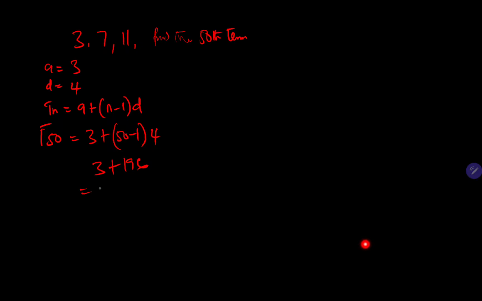This is the same thing as 199. So the 50th term of this sequence is equal to 199. You can do the maths, check if we're correct. Okay, we move on.